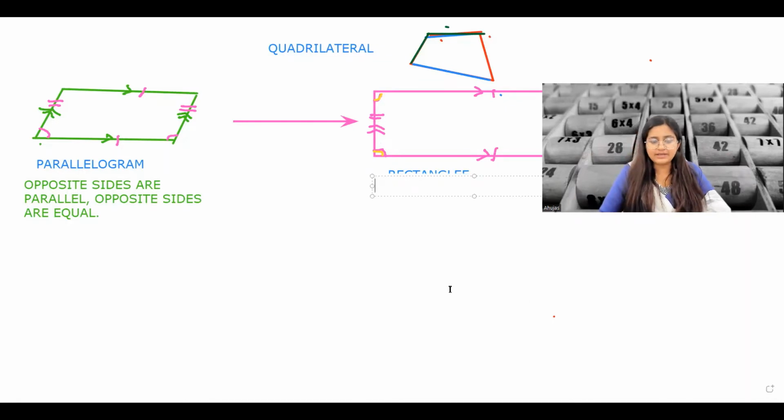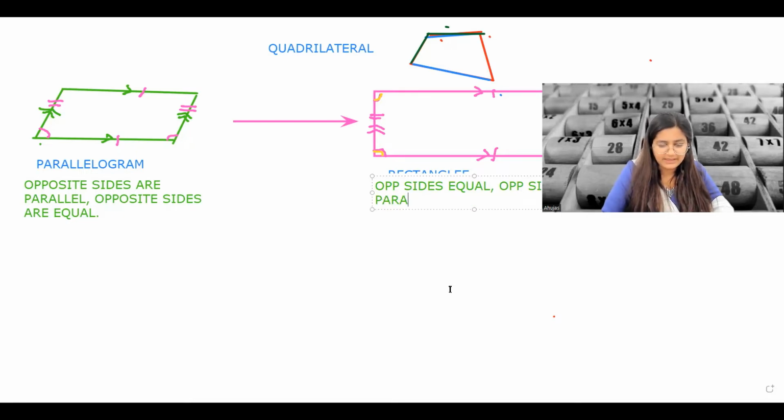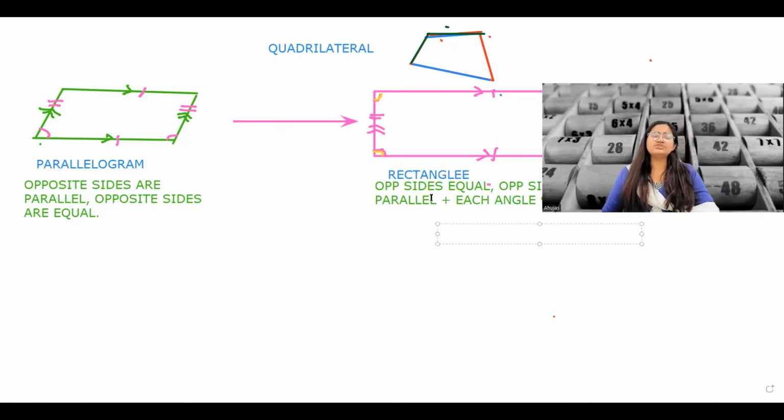Same as a parallelogram: opposite sides equal, opposite sides parallel. Plus one more thing, and that is that each angle is 90 degrees. That's the only thing that changes here.